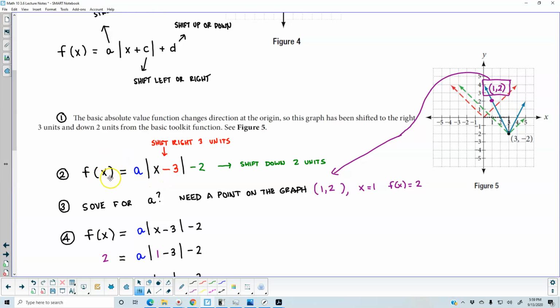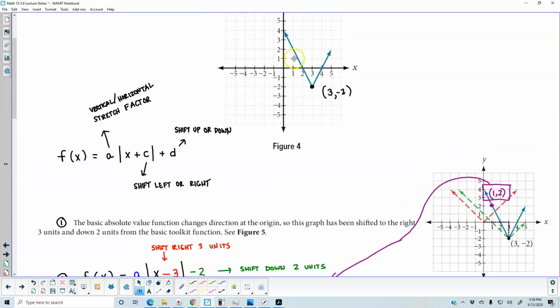So we have f of x equal to a times the absolute value of x minus 3, minus 2. Now, we need to solve for a. In order to solve for a, we need another point on the graph from the shift.